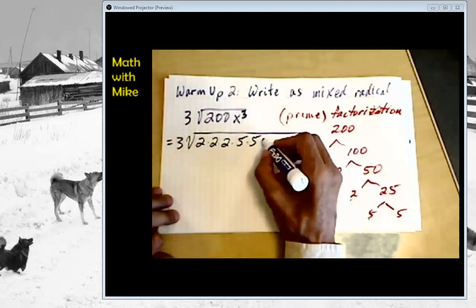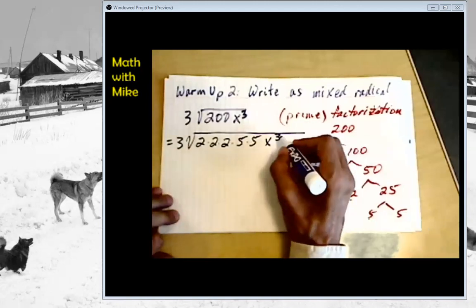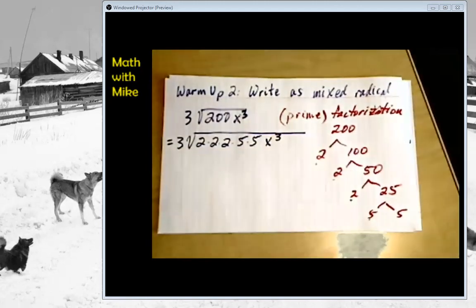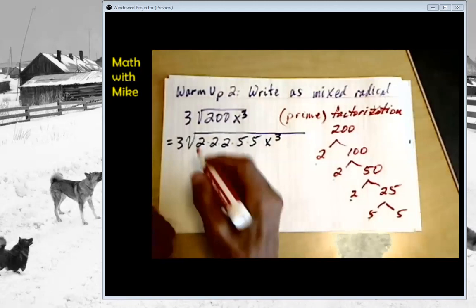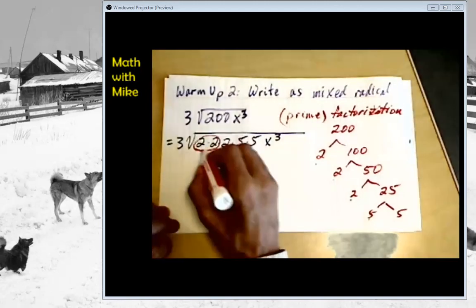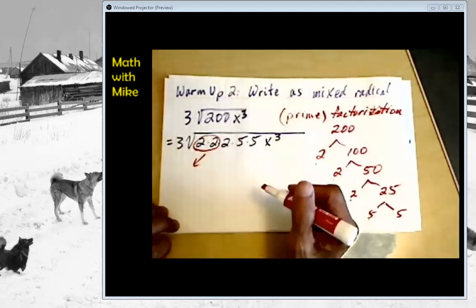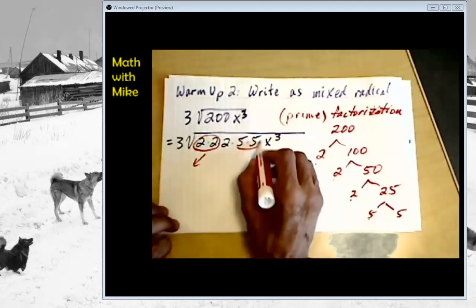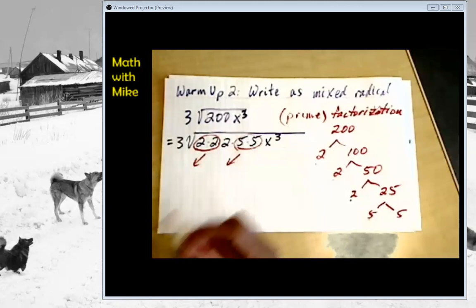And then the x cubed is still in there, I guess. Not bad. So two 2s go out. Zoom's remembering it well there. Two 5s go out as well.